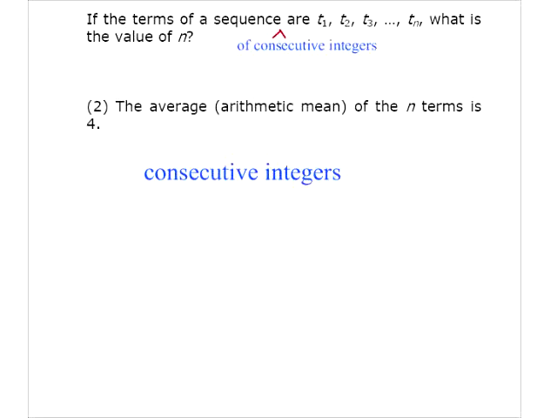The average is the middle number, the middle value is the mean. Dynamite, yes. So this is the only time where we are guaranteed that the mean and the median are the same thing. It can happen in other cases randomly, but with consecutive integers and evenly spaced sets, you know it to be true. So I agreed then that B would be sufficient if this were consecutive integers.